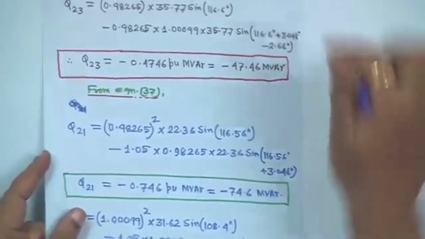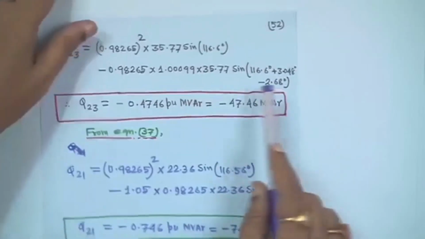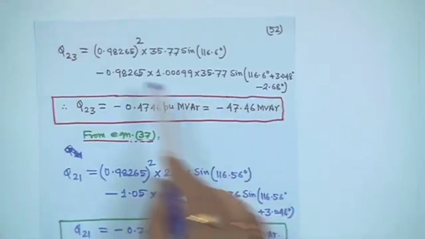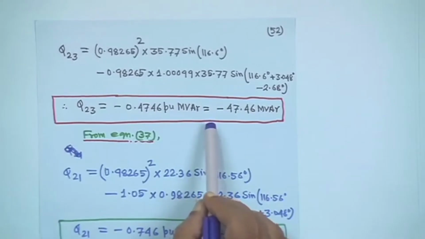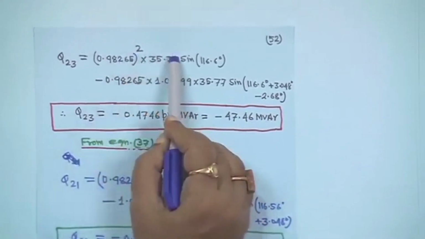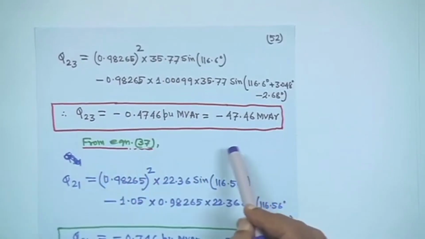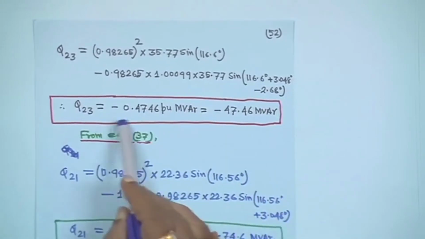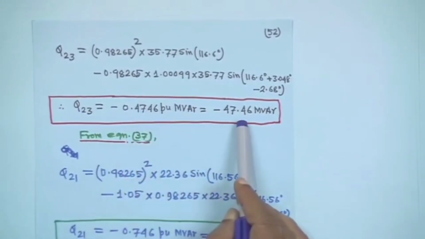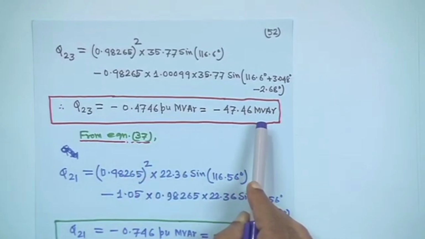Similarly, Q23 also you compute. I am not writing the formula for Q23 again, you can do it on your own, as all these details have been explained. So, Q23 will become minus 47.46 megavar.